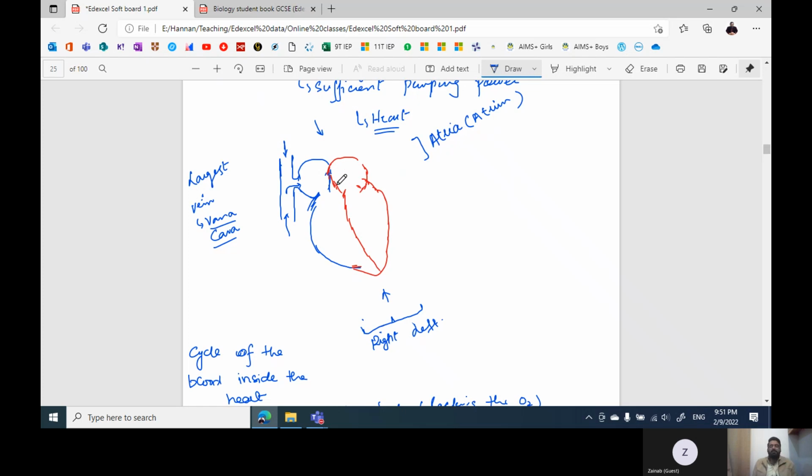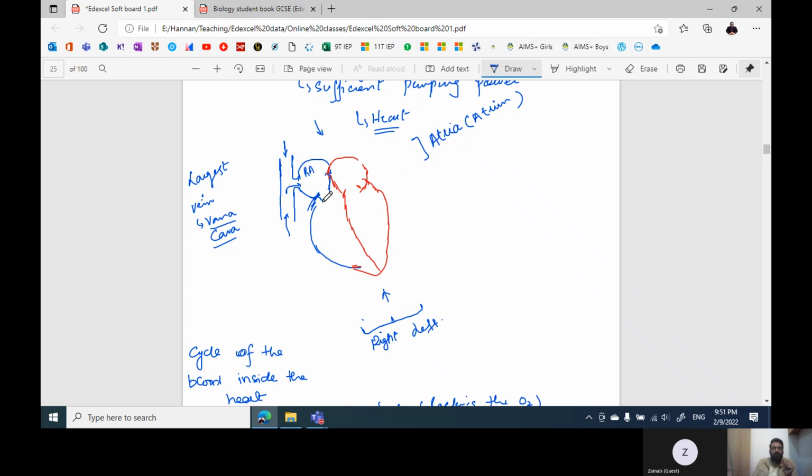Collectively, both of these chambers are named the atria, and the singular term is the atrium. And the whole blood that is coming back from the body would be emptied into the right atrium. This is the right atrium.